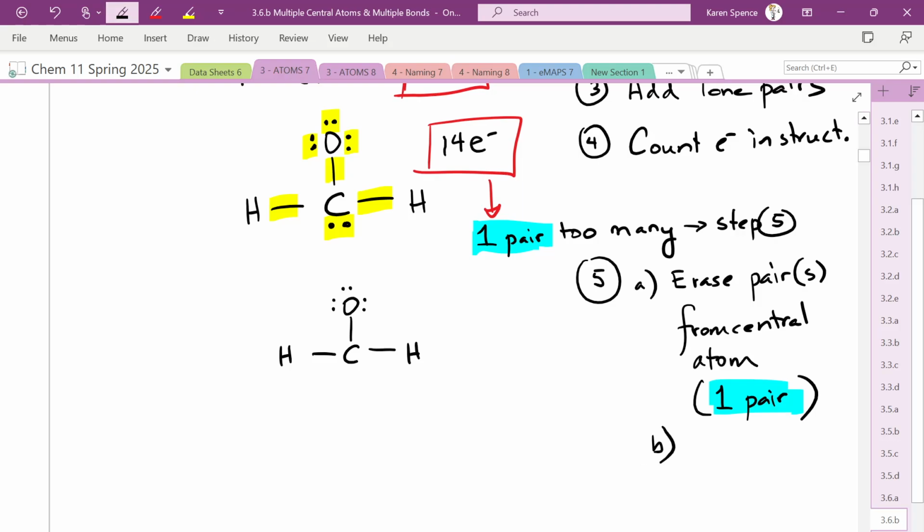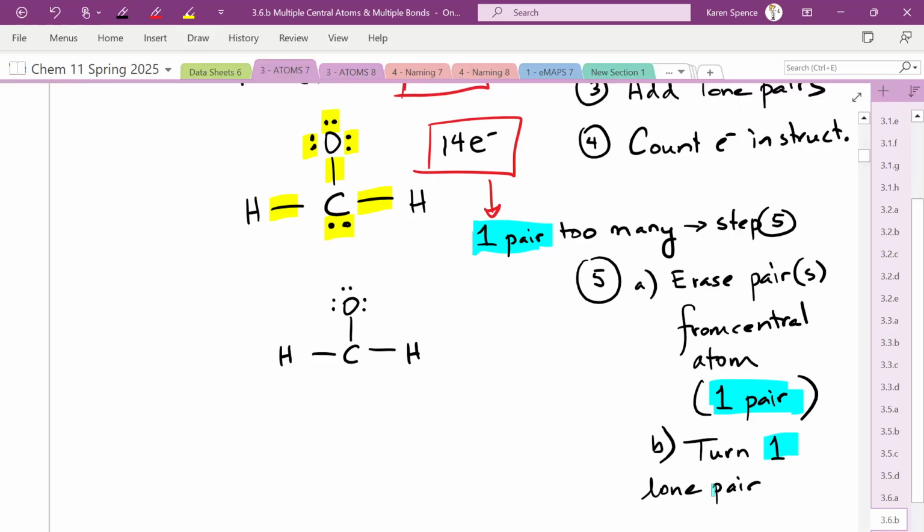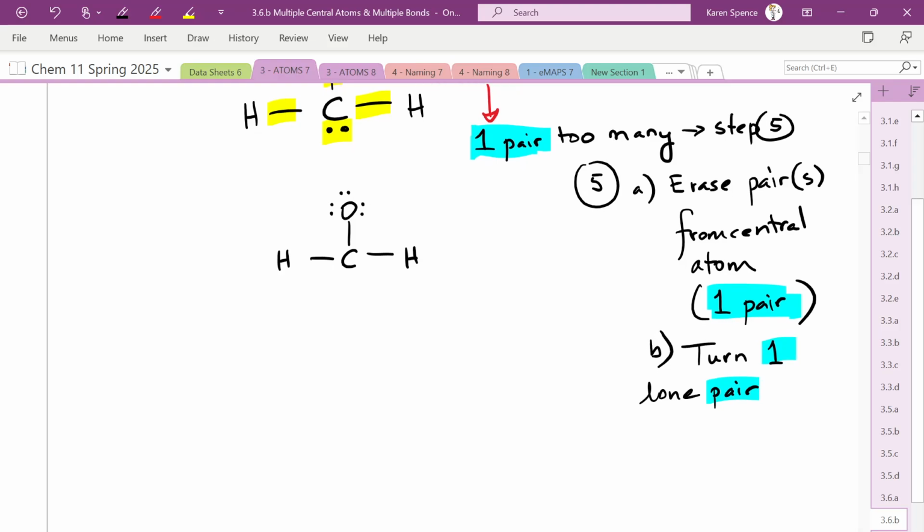And then 5B is however many pairs you erased, you're going to turn the same number of pairs. So you're going to turn 1 lone pair. So again, we're looking at 1 pair into a bonding pair.